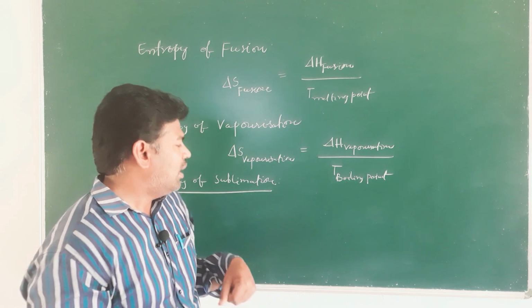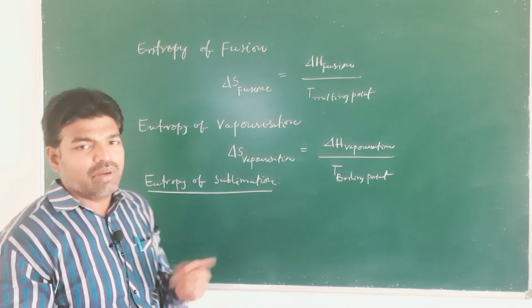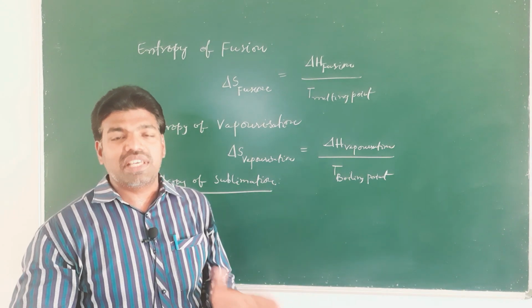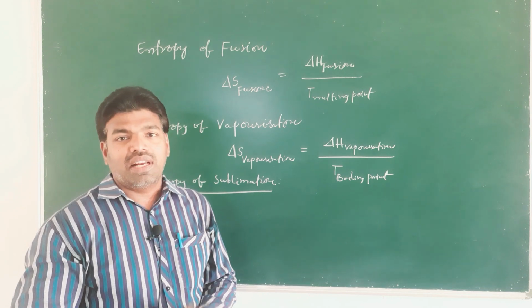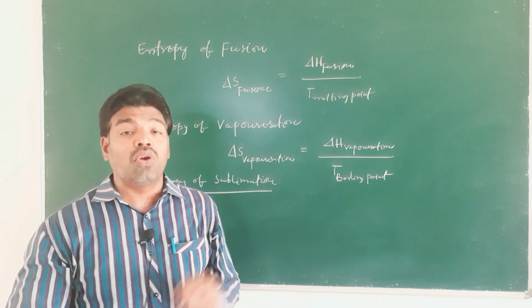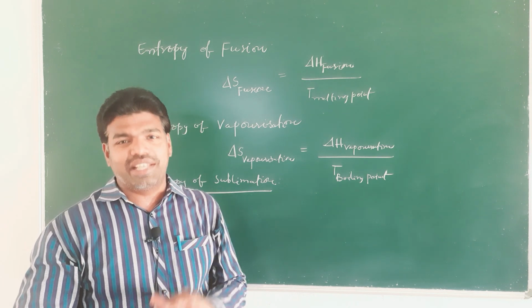Now let us calculate entropy of sublimation. It is defined as the entropy change when 1 mole of solid substance is converted into vapor at a particular temperature, not at the melting point, not at the boiling point, but at a certain temperature.